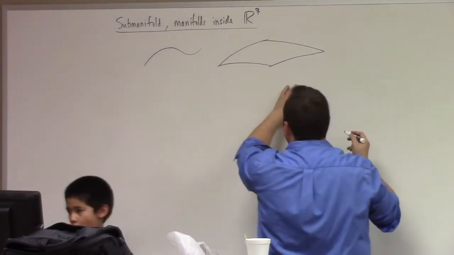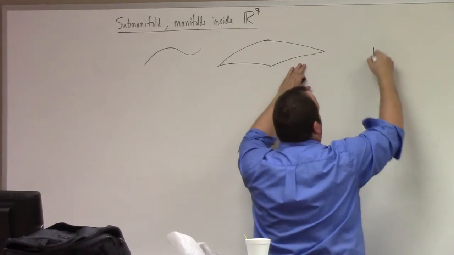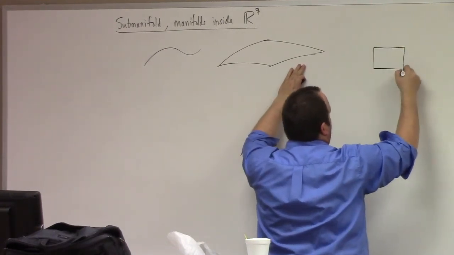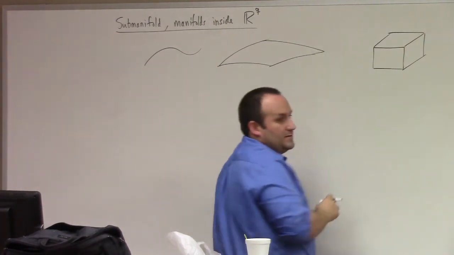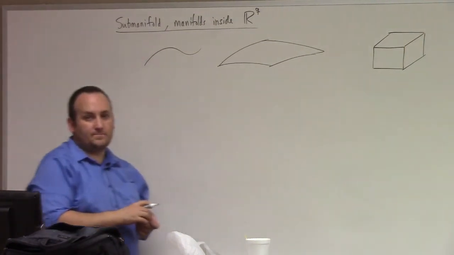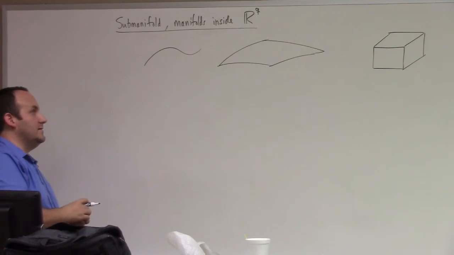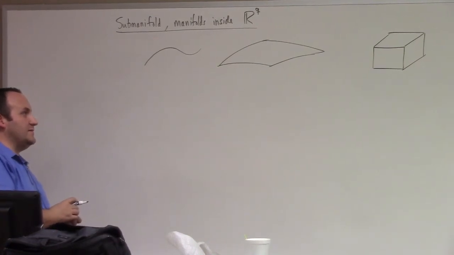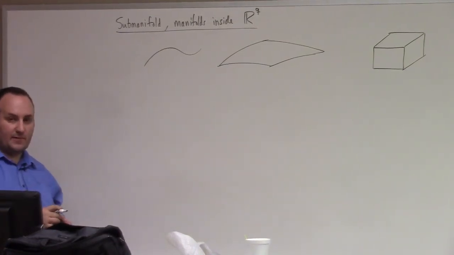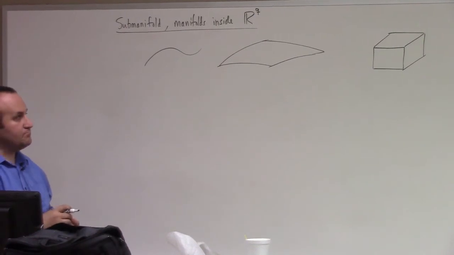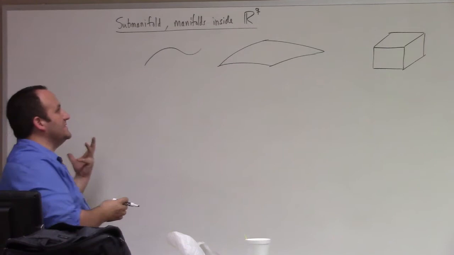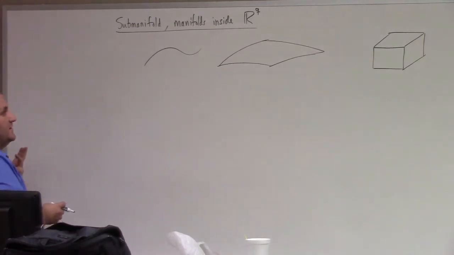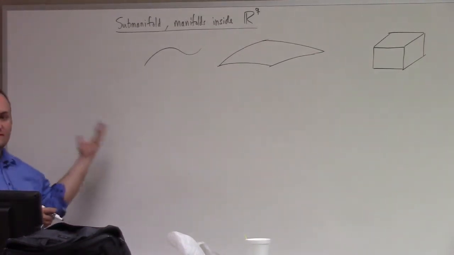You have, now this is something you probably haven't thought as much about, but solid things could be manifolds. Now, to be picky, I'm not being super critical about edges at the moment. But one of the things about a manifold is it's some kind of space inside R^q.